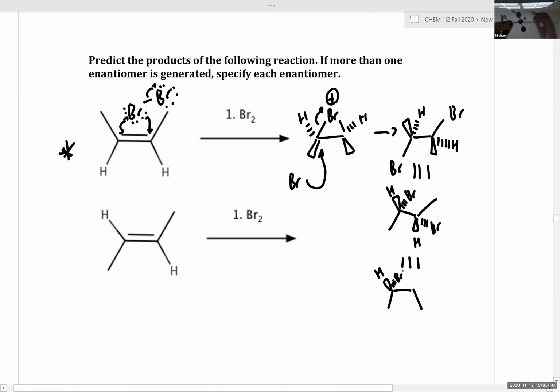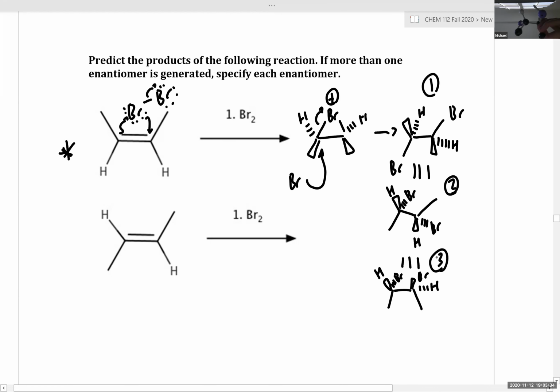On the right-hand side, in this method of drawing this molecule, which one's in front, the bromine or the hydrogen? The bromine. Yep, exactly right. So these are the three main methods that we'll draw out our carbon chains in.